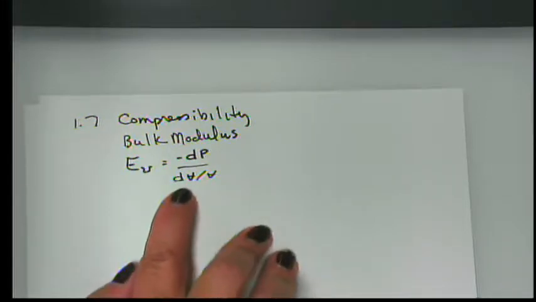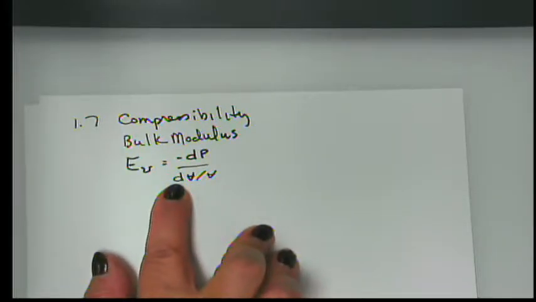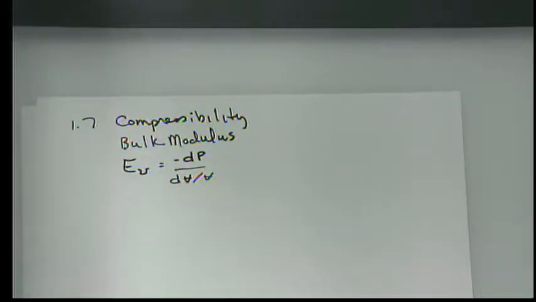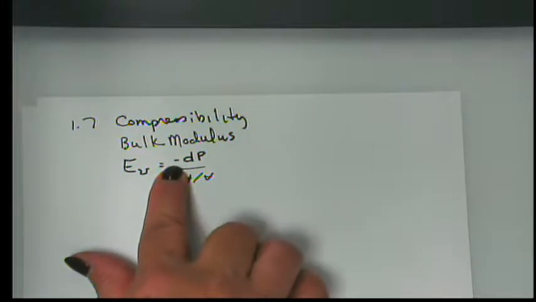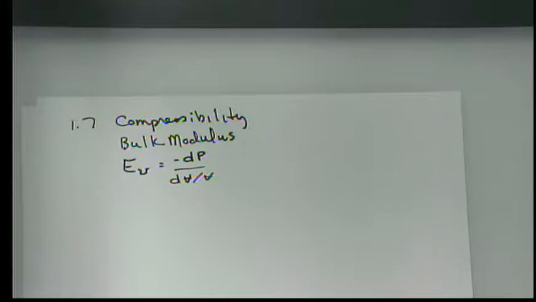So we're talking about the change in volume per volume, which makes this a dimensionless term. It's really a fraction or decimal of how volume changes with a change in pressure. If pressure increases, volume is going to decrease, and that is the reason for the negative sign here.